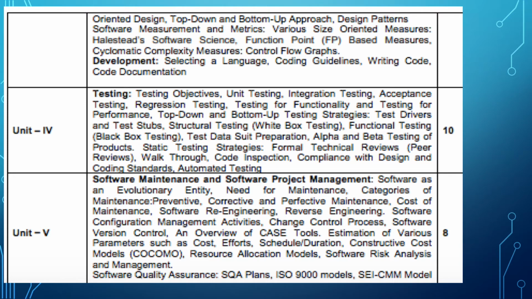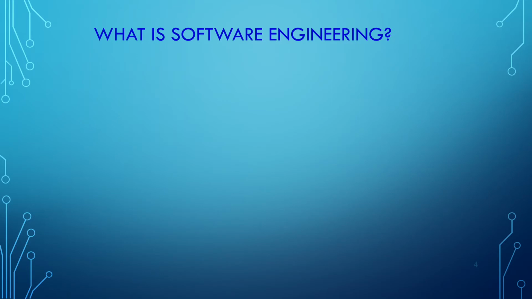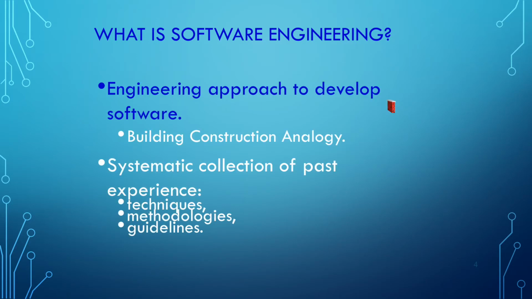Now the first question that arises is: what is software engineering? If an entire building is to be developed, it is not possible for a single man. A team is required, right?